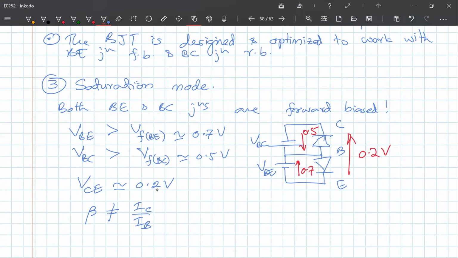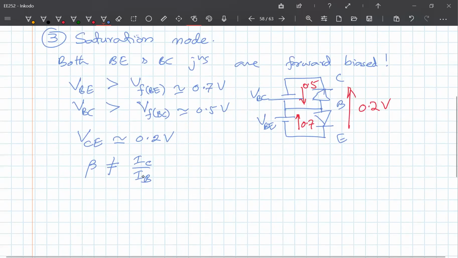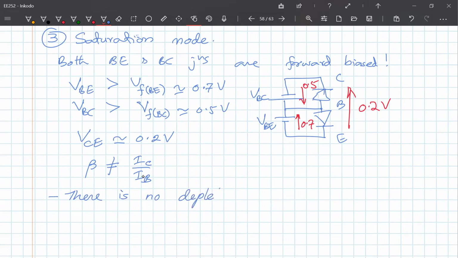Now, remember there is no depletion layer, because both are in saturation, both are forward biased. Therefore, it is as if you have this whole thing connected from collector to emitter.